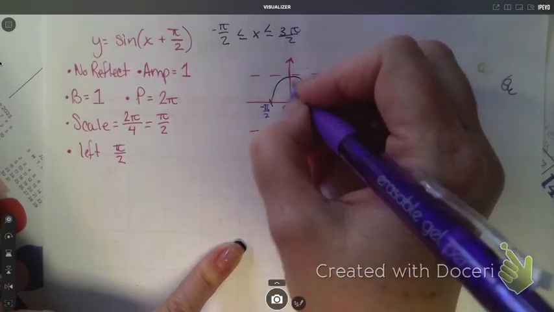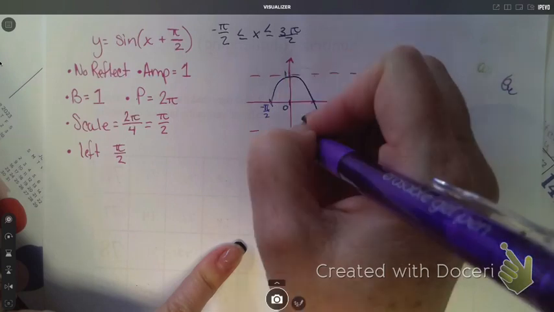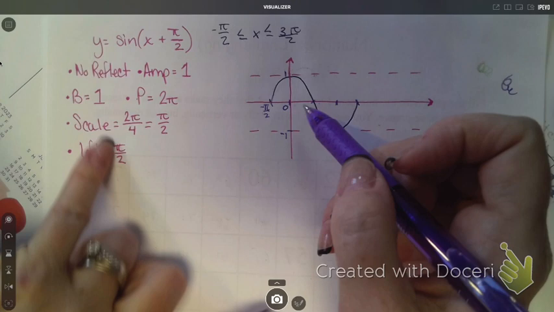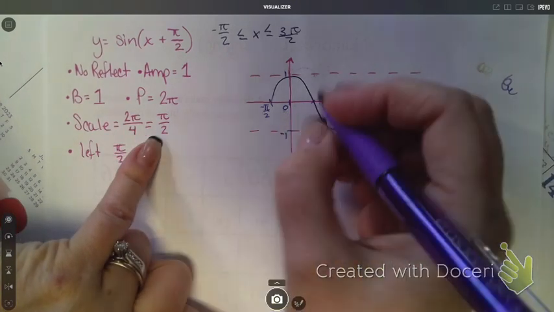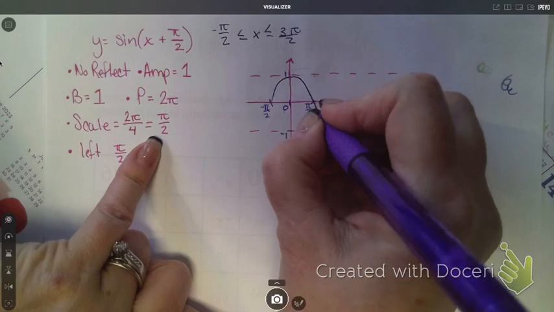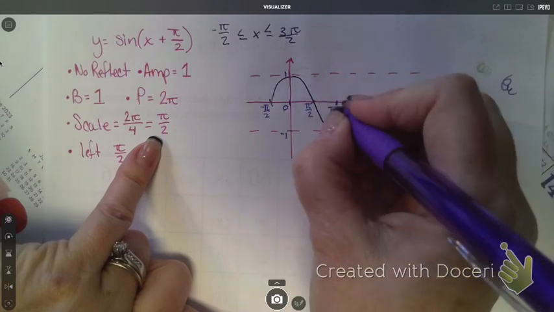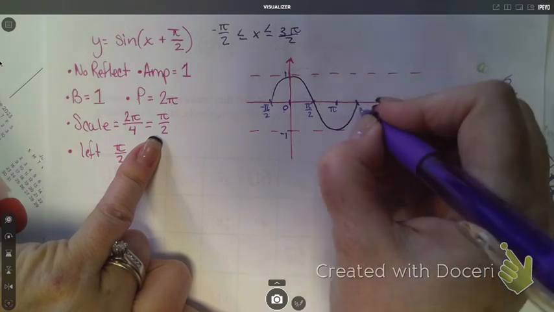Okay, so now I could also label my y-axis. What's my max? 1. What's my min? Okay, and then I keep adding my scale. So 0 plus pi over 2 is pi over 2. 1 pi. And then 3 pi over 2.